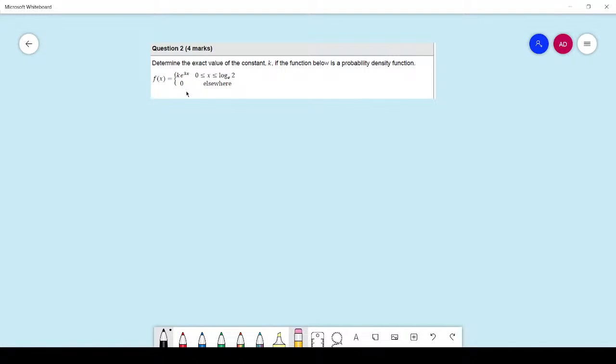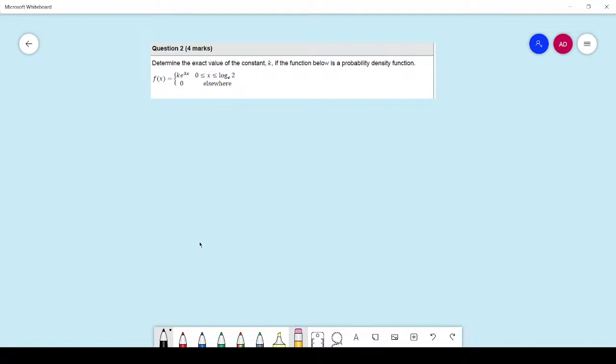My thinking here is, if we take the integral of any PDF function, which is the area under the curve, we should get 1. So let's write that down. This isn't proper maths notation, but the integral of the PDF from negative to positive infinity should give an area equal to 1.